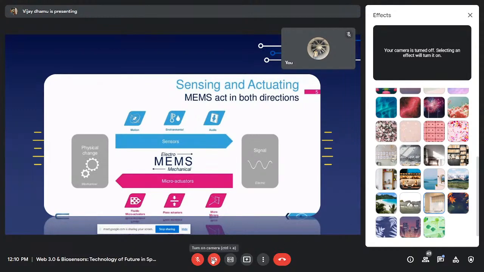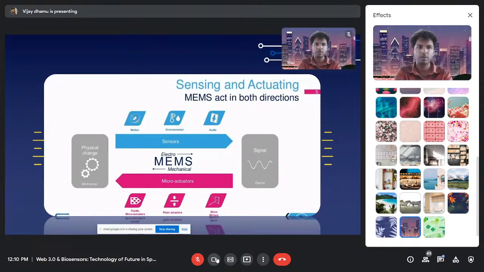As the block diagram shows, there is a physical change, the sensor sends a signal in electric form, and the micro actuators send another signal to our body for a physical change again. And there are different MEMS used.